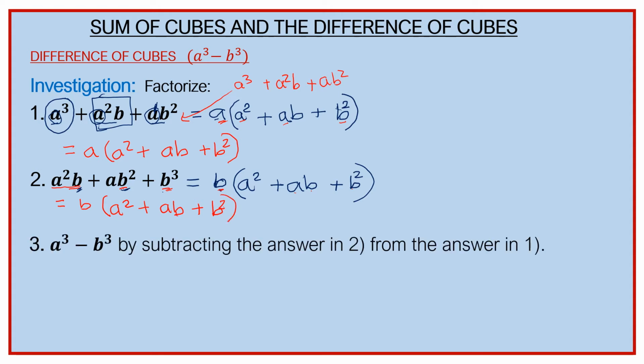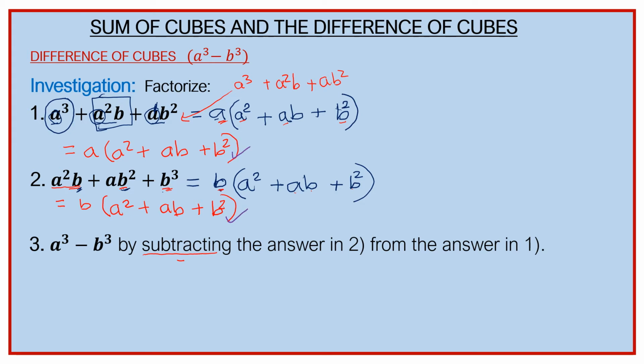In number 3, let us find a³ − b³ by subtracting. Subtract means minus. By subtracting the answer in number 2 from the answer in number 1. Remember, this is answer number 2 and this is answer number 1.